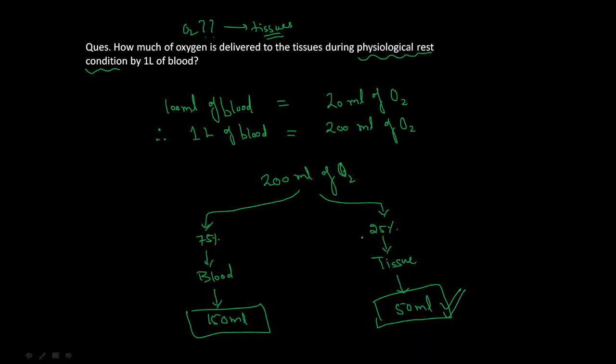So this will be your answer, for how much oxygen is provided to tissues during physiological rest condition by 1 liter of blood. Okay, so 50 ml is your answer. So I hope this topic is clear to you now. Do a lot of questions based on this and let me know whether you have understood this topic or not.